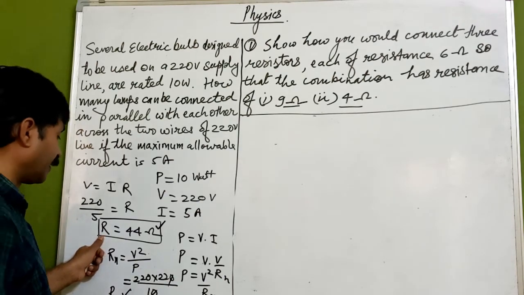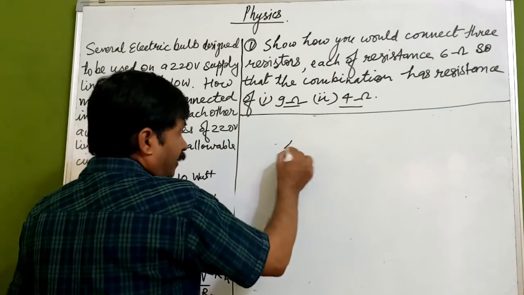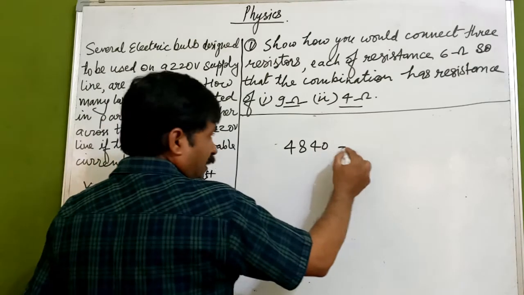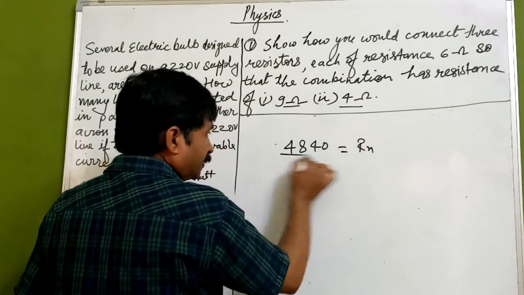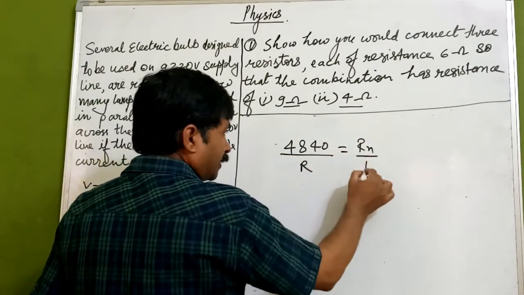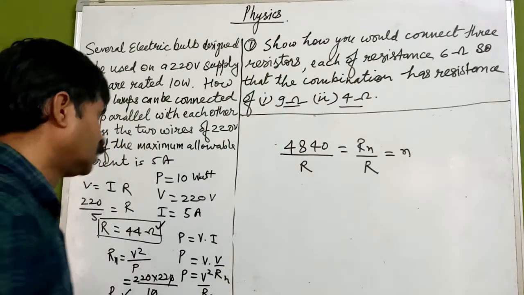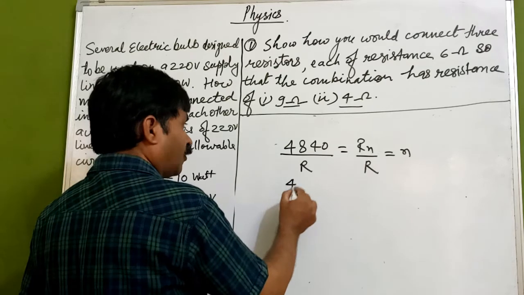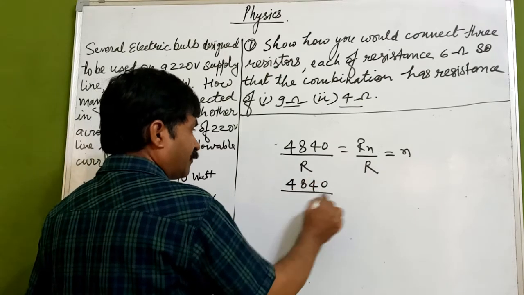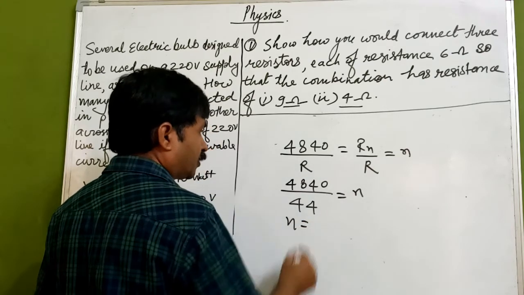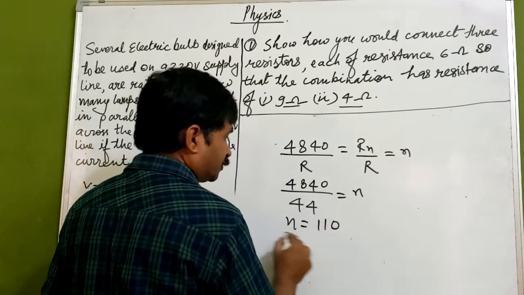Now if we divide 4840, which is Rn, by R, which will give us n, the number of resistances, 4840 divided by 44 will give n. Now n is going to be 110.